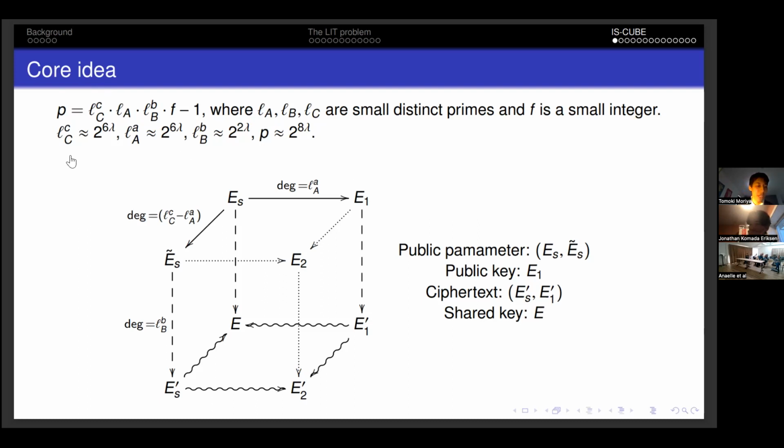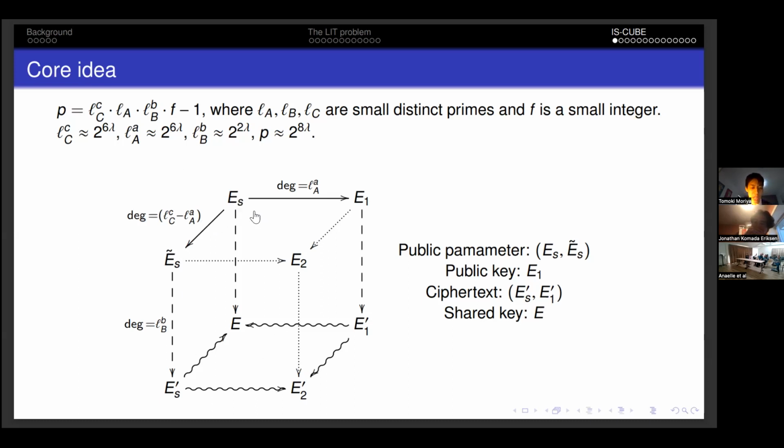Here we need to set l_C^C to be about 2 to the 6 lambda, l_A^A to be 2 to the 6 lambda, and l_B^B to be 2 to the 2 lambda. So p is almost 2 to the 8 lambda. So l_B^B is a small torsion, and l_A^A is a kind of long isogeny here.